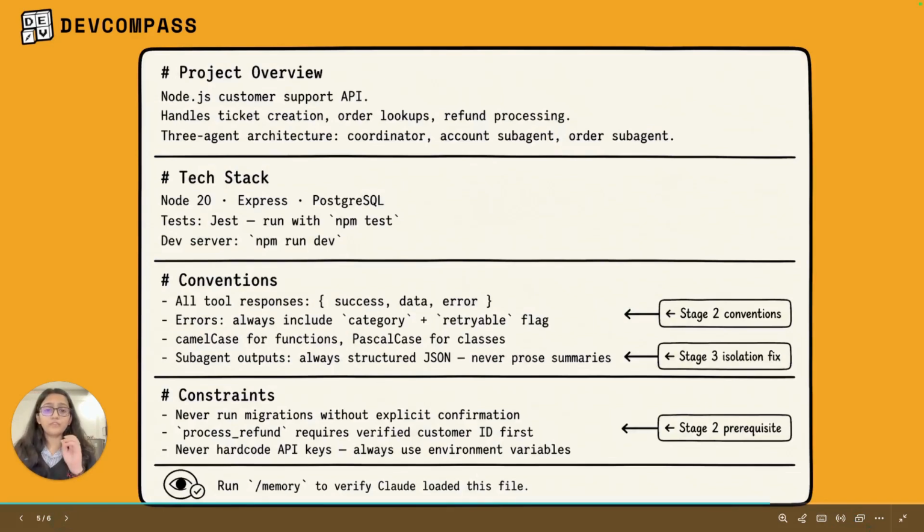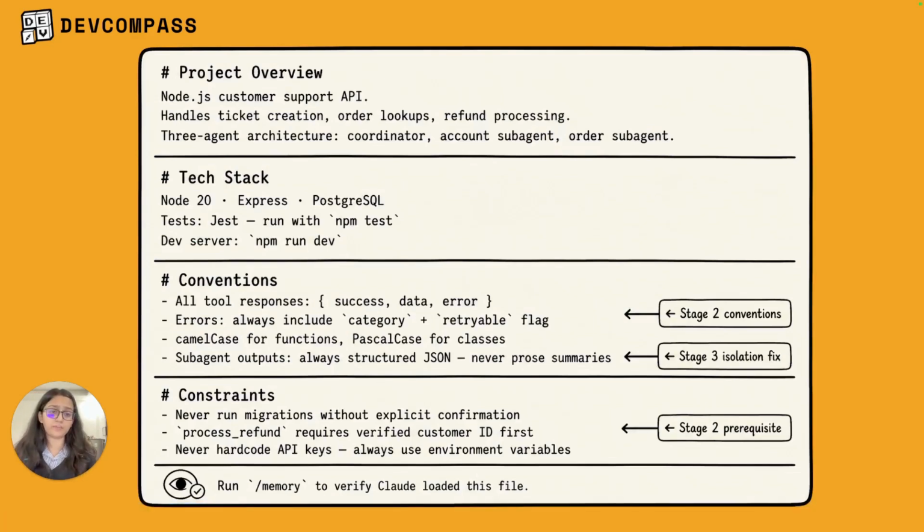Now, everything that we have covered in the abstract, let me show you grounded in the system that you have been building since stage 1. Let's take the reference for our customer support agent code base. It's not a generic template, it's the real file. How will it look? So, a project overview section at the top, as we discussed. A Node.js customer support API handles ticket creation, order lookups, refund processing.